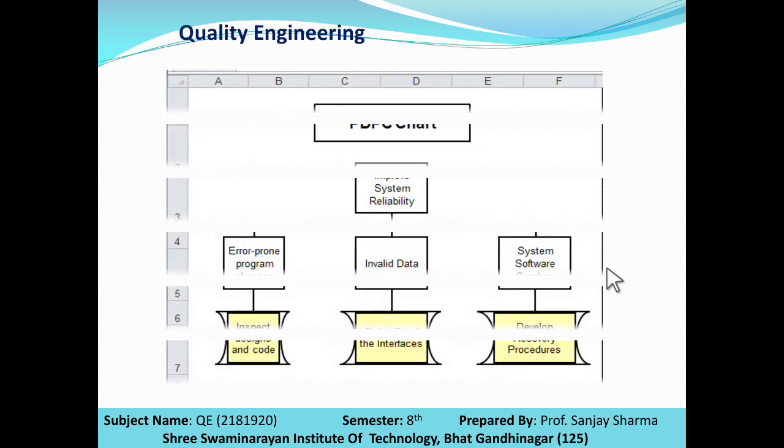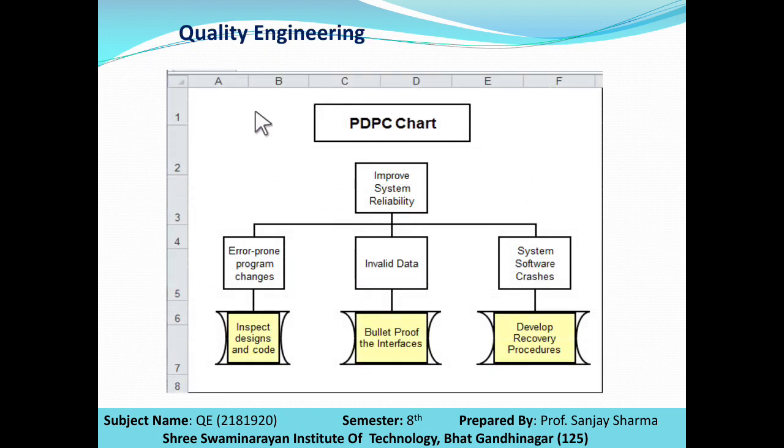Now if you see this chart here, you can see improve system reliability. So our objective is to improve the system reliability. Now how to improve the system reliability? There are three different parameters: error prone program changes, invalid data, and system software crashes.